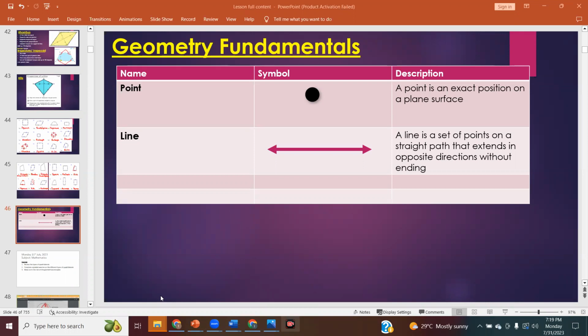All right, good, excellent. So a line does not end. It extends in both directions, it doesn't end.